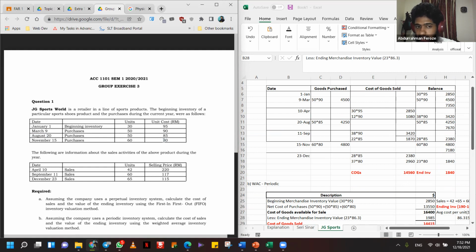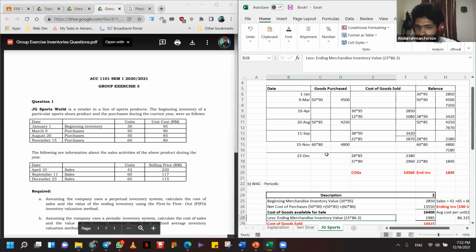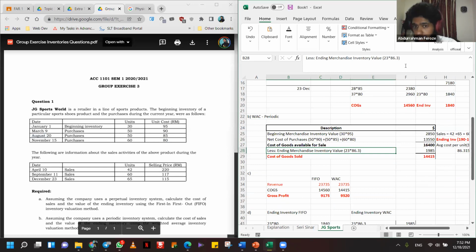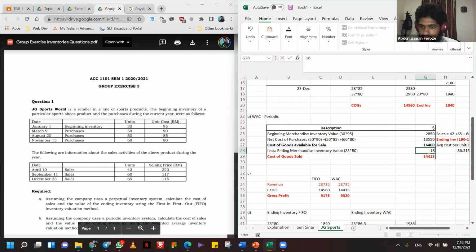So the newest items in the inventory cost 80. So here, if we had been asked to do the periodic inventory system using the FIFO method, instead of multiplying this by 86.3, you would multiply it by 80. 23 into 80, what is that? That would be 1,840.